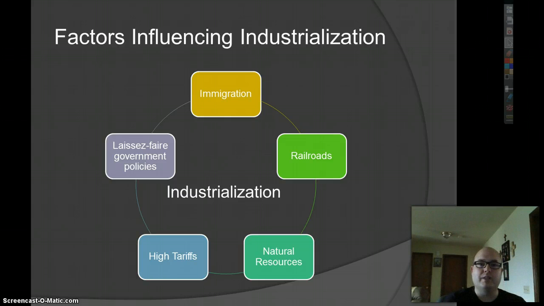Today we're going to focus on the natural resources, hint on immigration, laissez-faire, get a little bit into that, but by the time this is all said and done, this right here is what you need to know. This right here is your guide to this whole unit. These 5 factors that influenced industrialization. Remember, immigration, railroads, natural resources, high tariffs, laissez-faire government policies. Learn it, know it, memorize it.